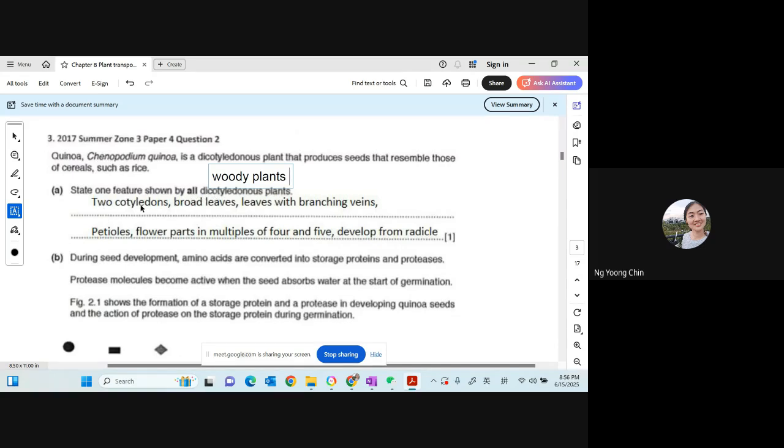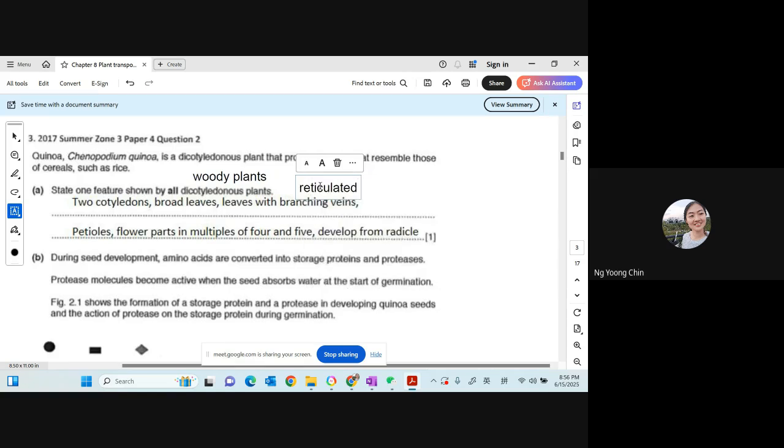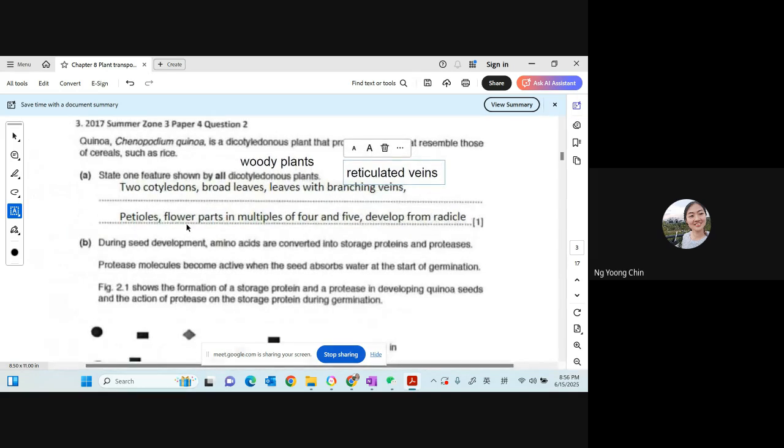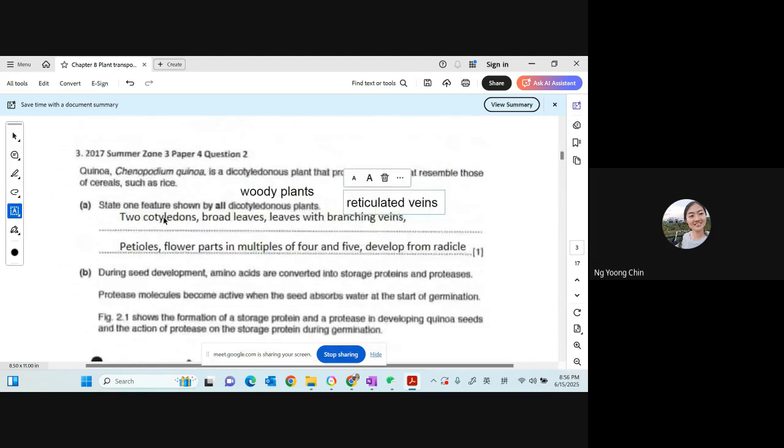They have a very broad leaf, and the leaf has a branching vein, sometimes called a reticulated vein. Reticulated vein means the vein looks just like a spider web. And then they have flower petals in fours or fives, and they develop from the radicle. So these are the features of the dicotyledons.